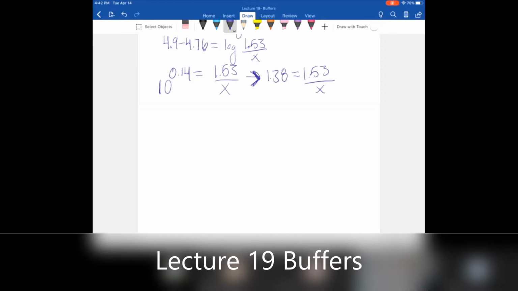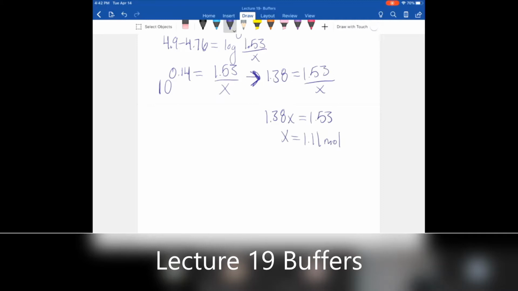So you got 1.38x equals 1.53. So X equals 1.11 mole.